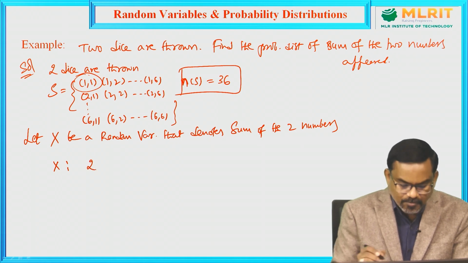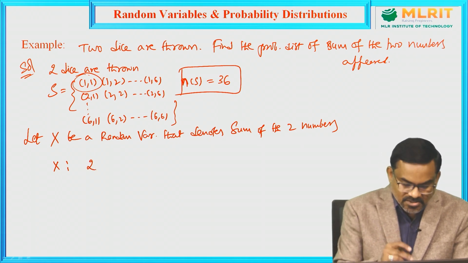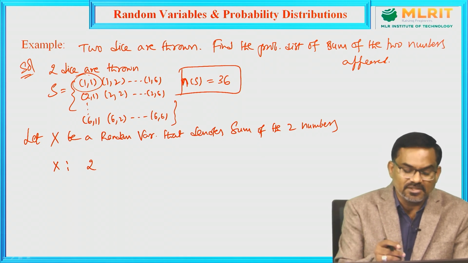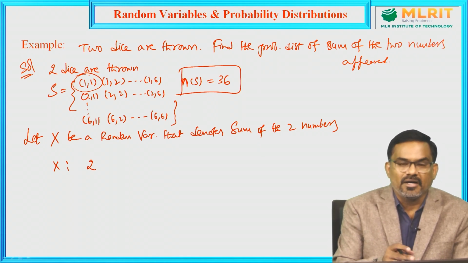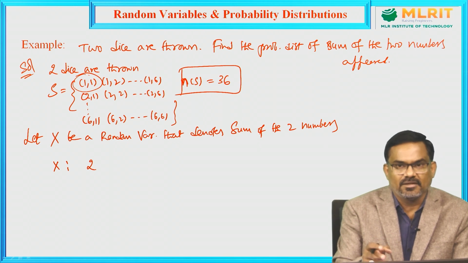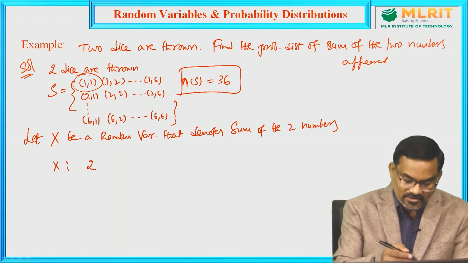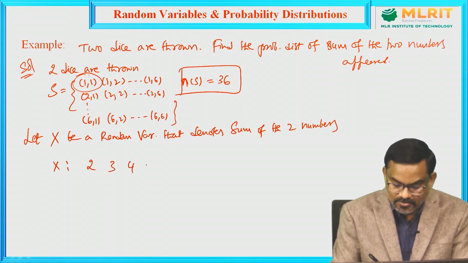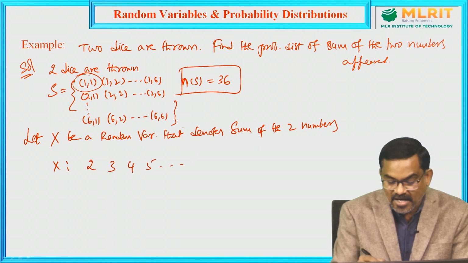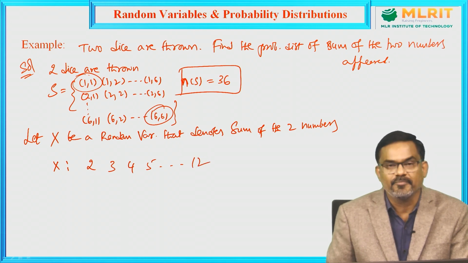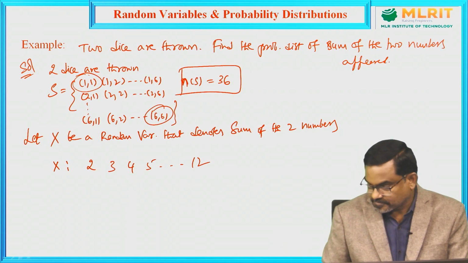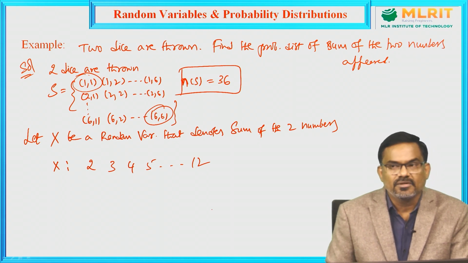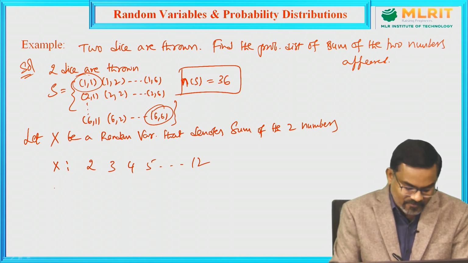So, 2 is possible. Is the sum 1 possible? No, since the minimum number is 1, and if both dice show 1 comma 1, the sum is 2. So, 3 is possible, 4 is possible, 5 and so on. The maximum is 6 comma 6, which gives 12. These are the values of the random variable X.